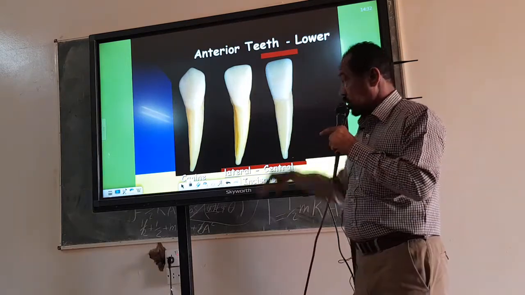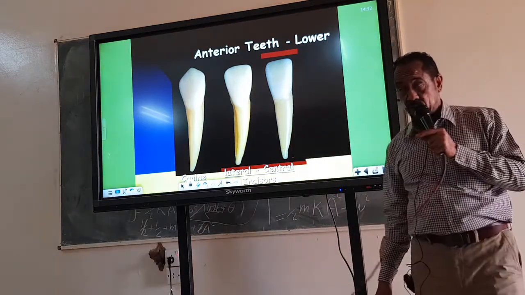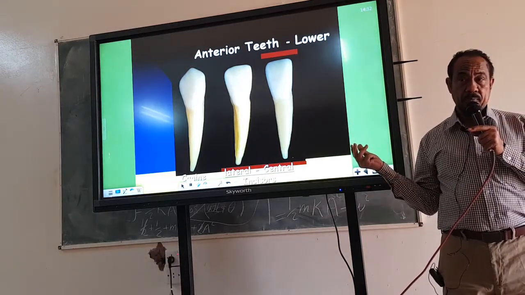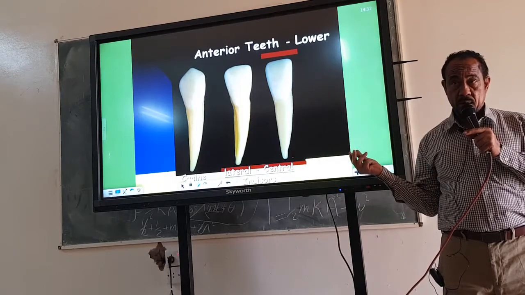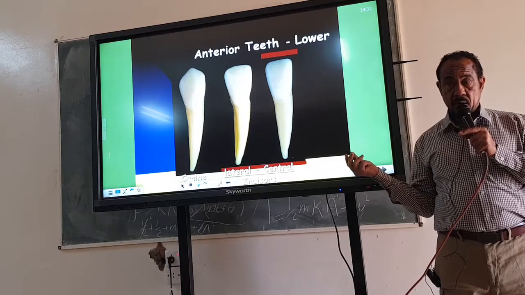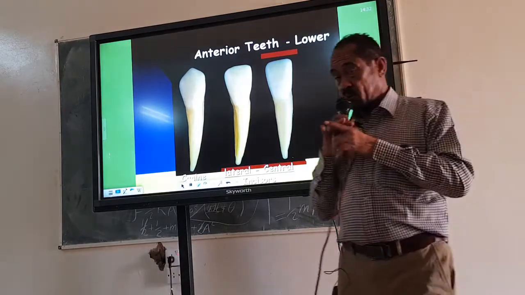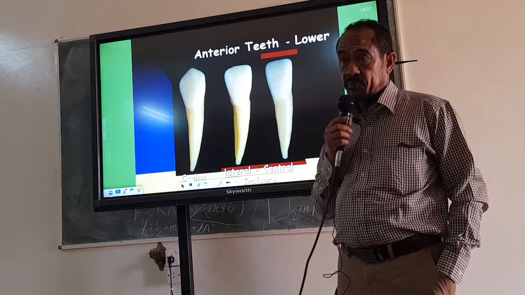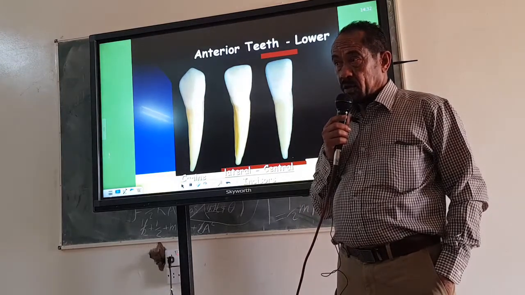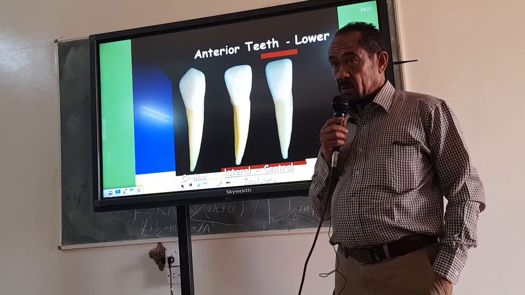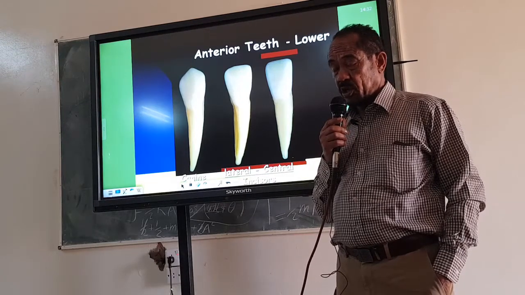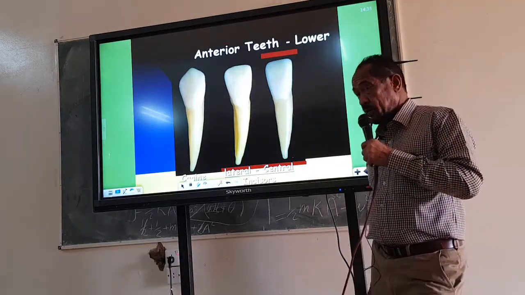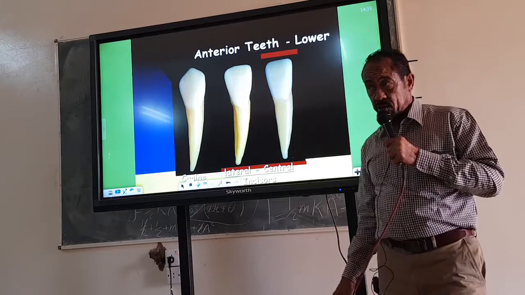What are the general morphological characteristic features common to the mandibular incisors? In general, something common between all of them. Convex, no, this is not specific to them. We can say the mesial angle of both is sharp, and the distal is sharp and round, sharp for one and round for the other.